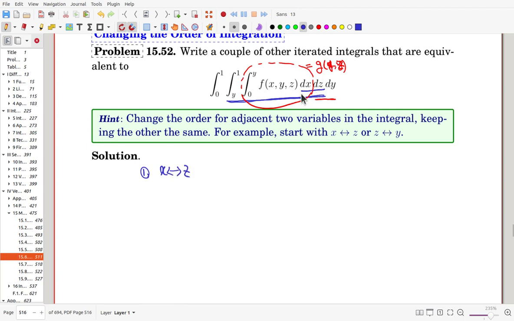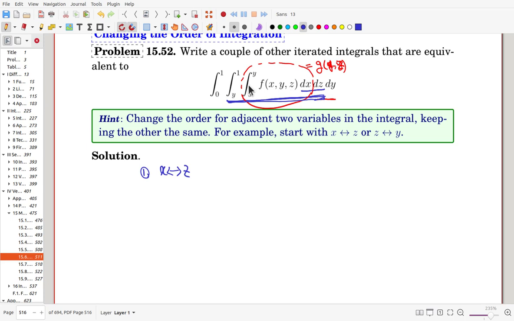That means that here we are focusing on only this inner integral. Now this is the x and z direction, so y must be between 0 and 1. Some y between 0 and 1 is given. In this integration y is constant, so you can change the order quite easily.